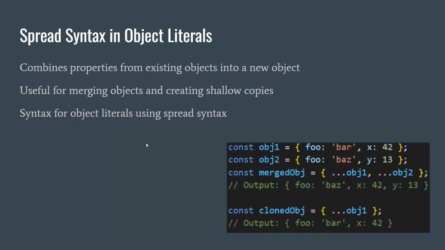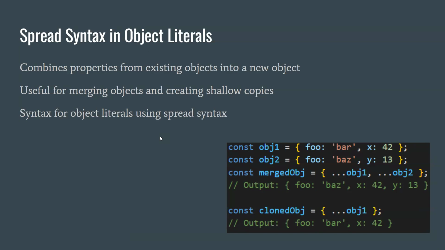Spread syntax in object literals. Just as with arrays, you can use the spread syntax to combine properties from existing objects into new objects. This is particularly useful for merging objects or cloning them with modification.